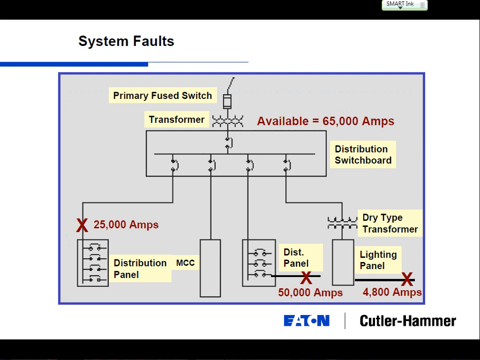Okay, this one over here is 4,800 amps. Now, why is that? It could be in the same room right next to this. In between, we've got dry type transformers. So we've got a 480 volt switchboard stepping it down to 208/120 with a dry type transformer. We talked about impedance. Dry type transformers, just by the nature of how they're designed, are going to lower your short circuit on the secondary.